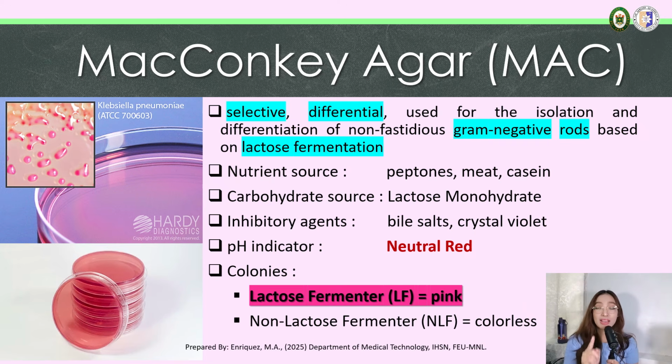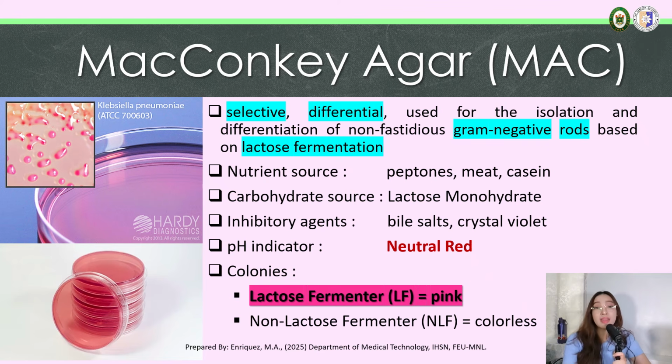Uulitin ko po, bile salts plus crystal violet will prevent the growth of almost all gram-positive bacteria and fastidious gram-negative bacteria. So, yun po yung dahilan kung bakit siya naging selective. Okay? So, if we're inhibiting the growth of gram-positive bacteria, ano na lang ang tutubo dito? Using the McConkey agar, we would be able to grow non-fastidious gram-negative bacteria.